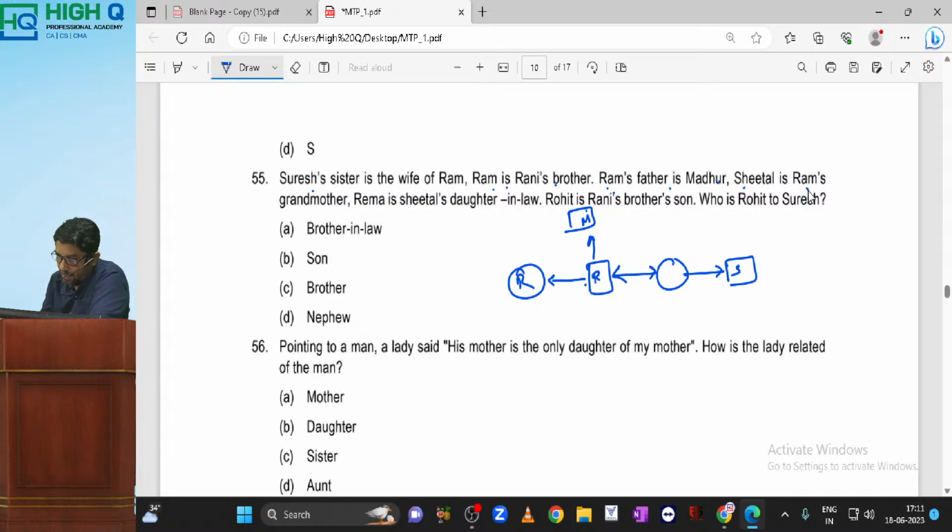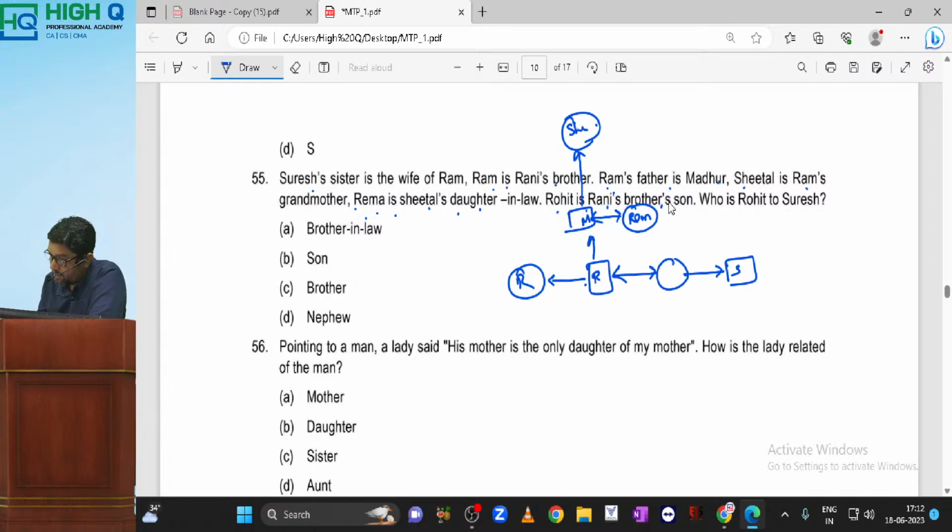Sheetal is Ram's grandmother. Reema is Sheetal's daughter. That means Madhur's sister. Oh, daughter-in-law, sorry. So Madhur's wife I can take.